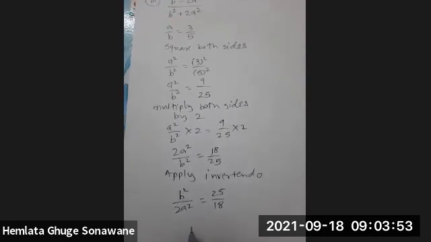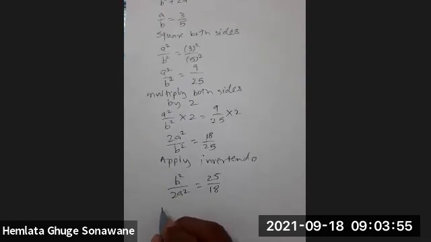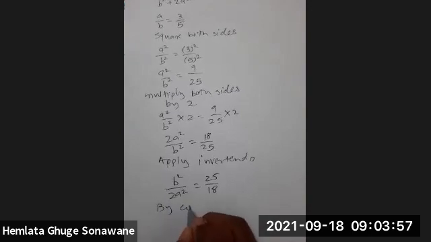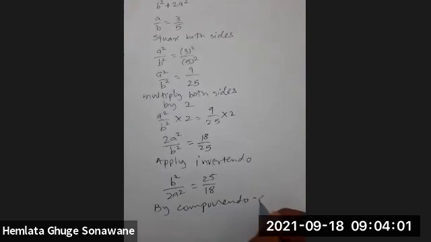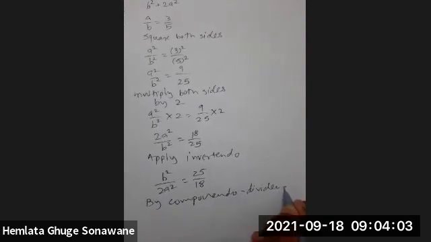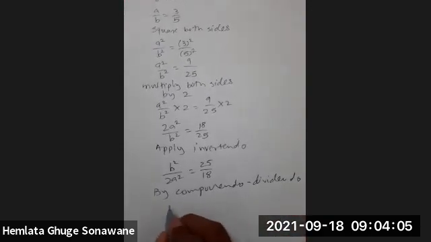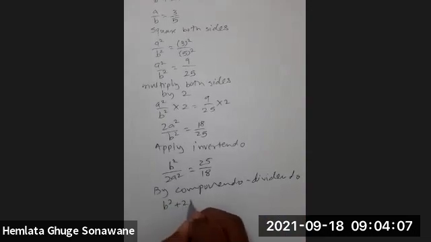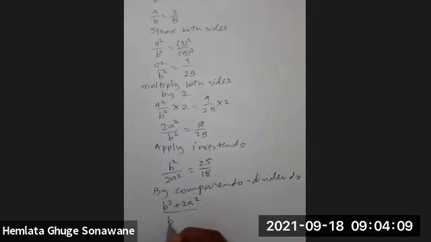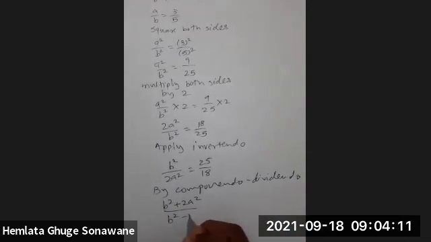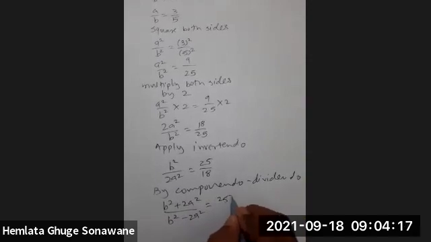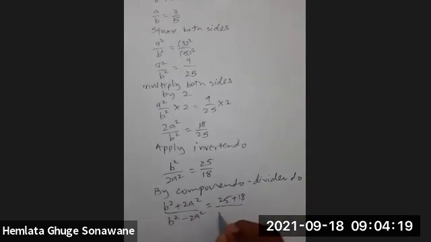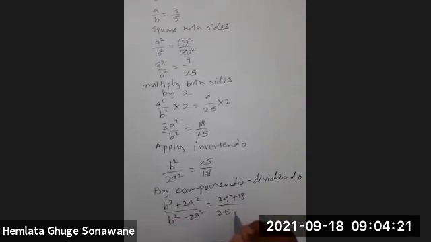Now we'll apply the property of componendo and dividendo. So by componendo and dividendo, it becomes (b square plus 2a square) upon (b square minus 2a square) is equal to (25 plus 18) upon (25 minus 18).